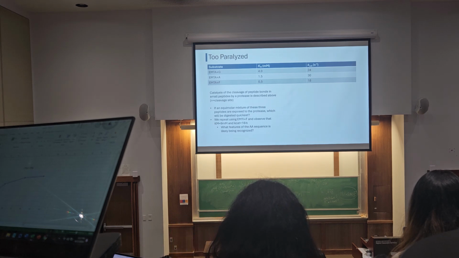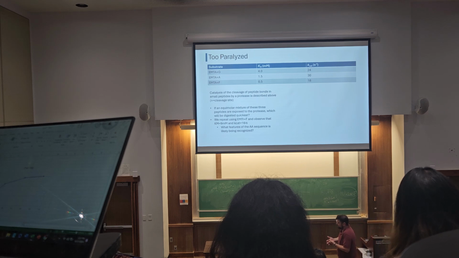So how do we start this problem? What's the characteristic that we have to find? What is it that we're trying to determine? If we're trying to see which one's going to be digested the quickest, let me phrase it a different way.